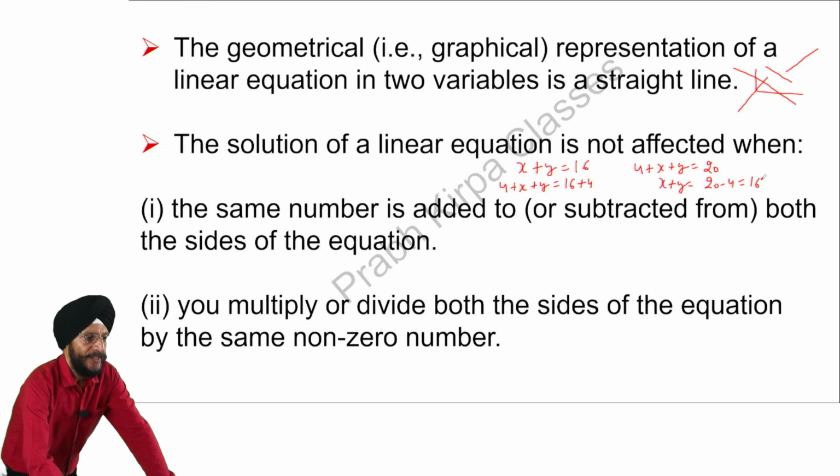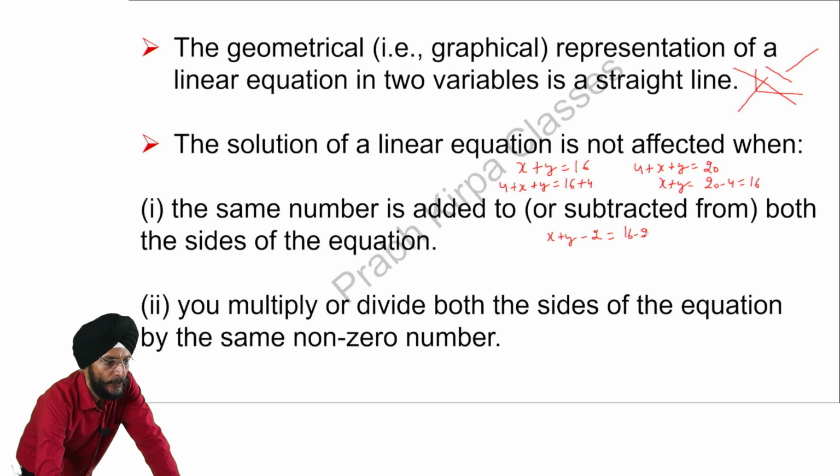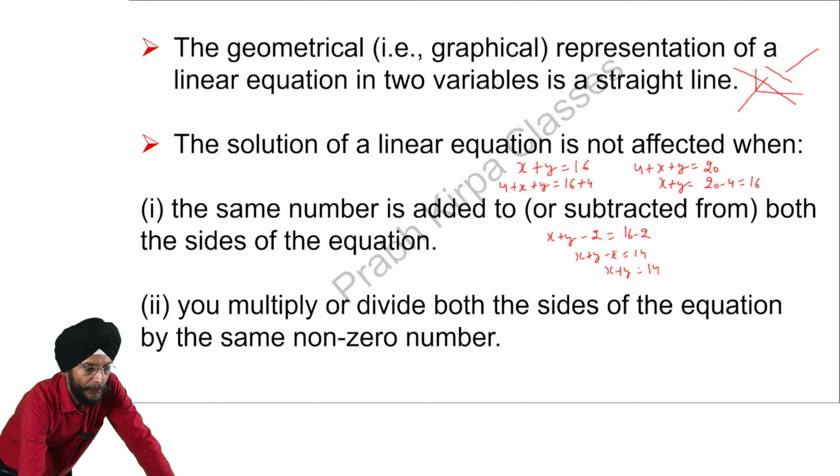In the same way, if we subtract the same number from both sides, say 2, then it will become x plus y is equal to 14. Here minus 2 will become plus, so it will again become 16.